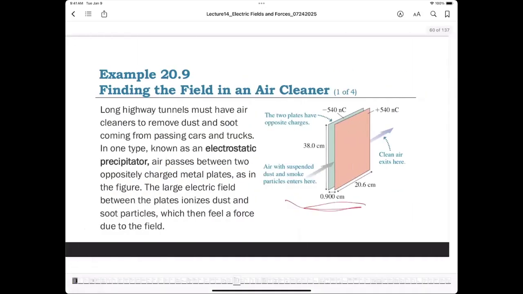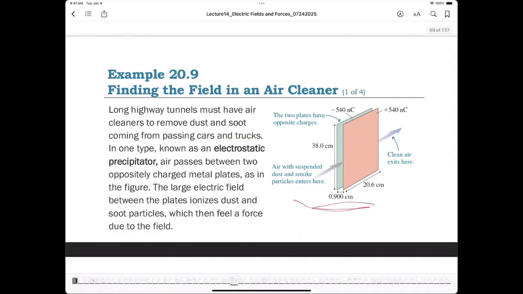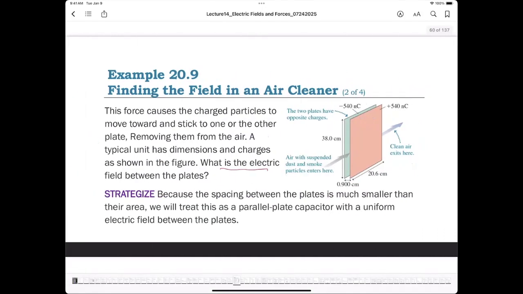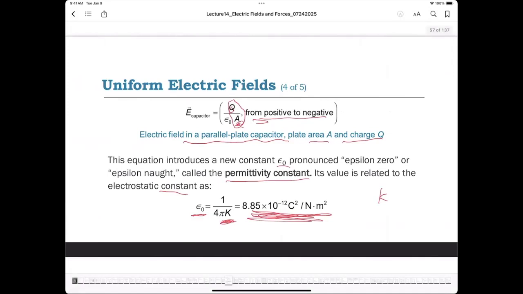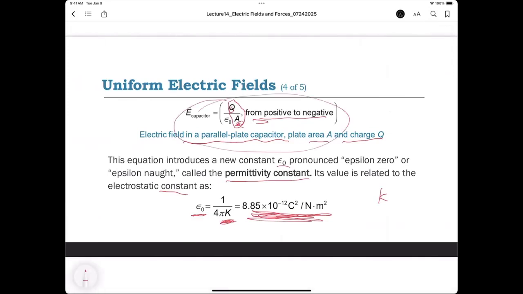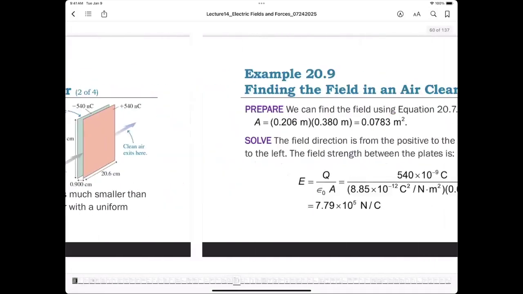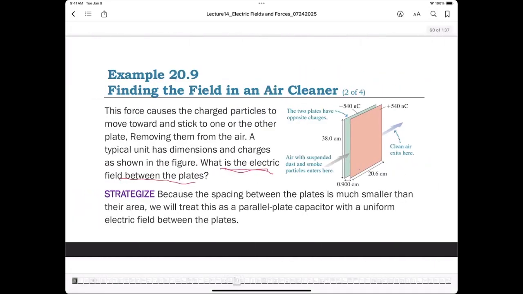There is a lot of background, but the main question just asks what the electric field between the two plates is, and you can use these equations to calculate it. Because the space between the plates is much smaller than their area, and the tunnel is very big, we treat this as a parallel plate capacitor with a uniform electric field between the plates.